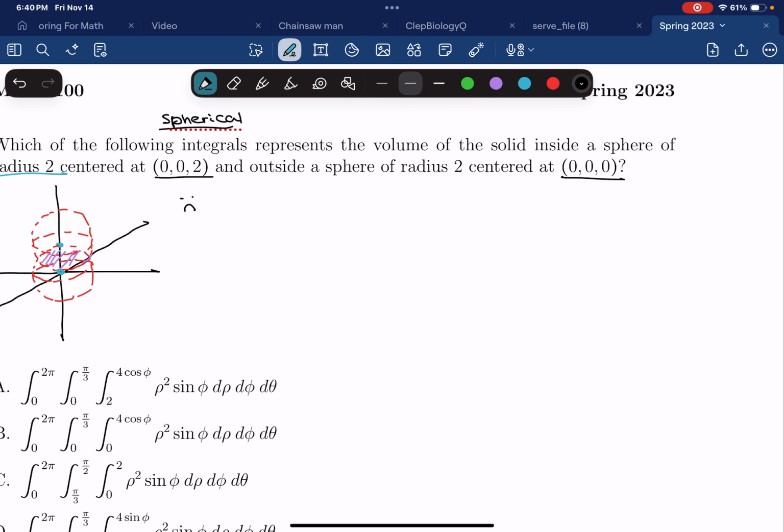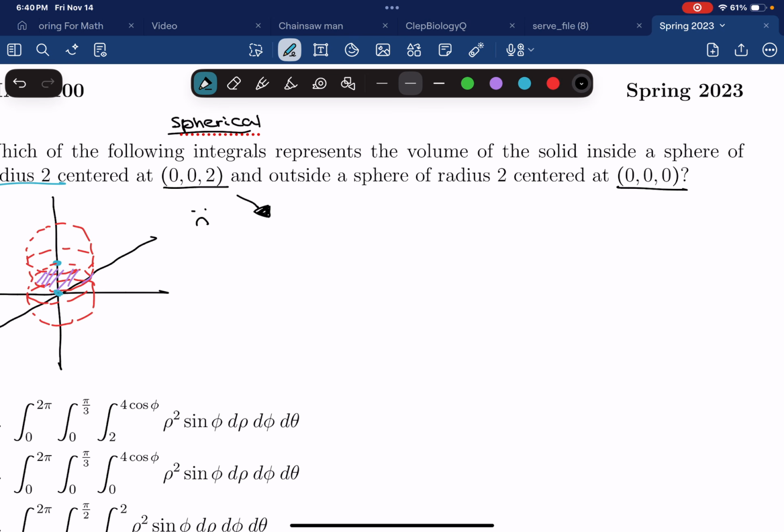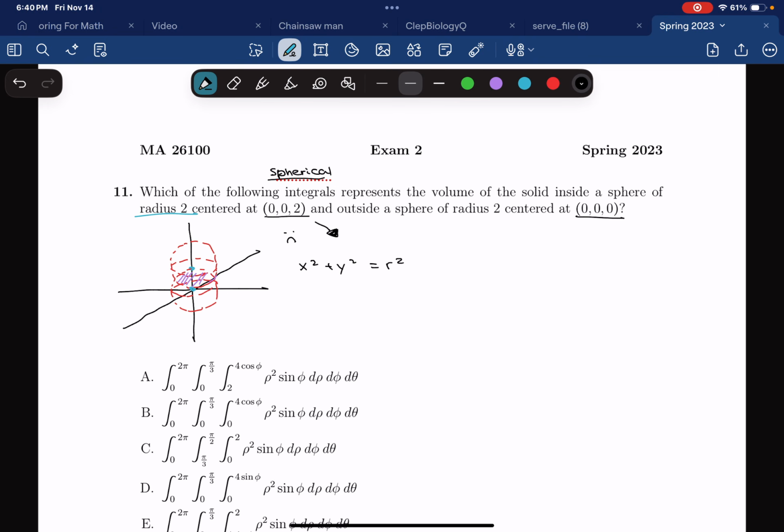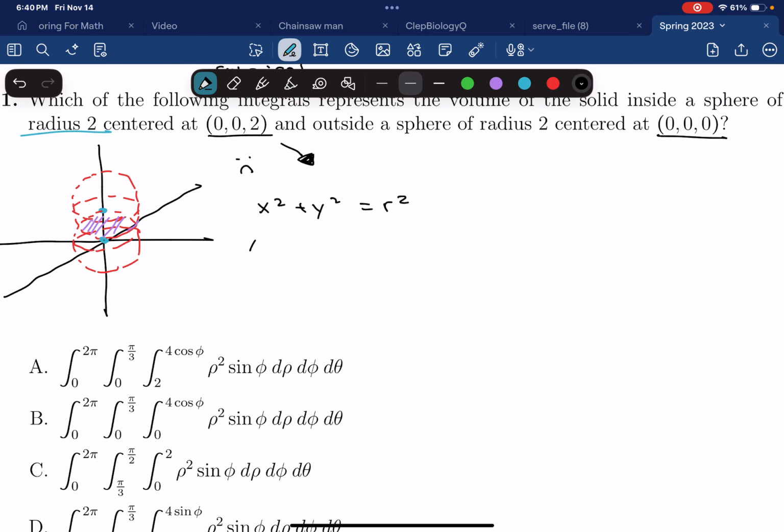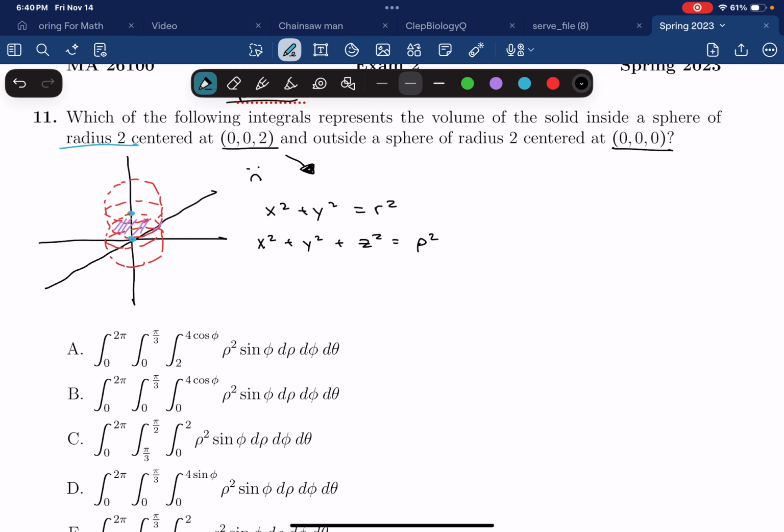Okay, but how do we interpret these points right here, right? So you remember the distance line we just used? It's very similar to that. But do you remember how when we do a circle, it's x squared plus y squared equals r squared? Well, in this case, it's just the same, but we add a z. So it's x squared plus y squared plus z squared, which will be equal to rho squared. Rho, you can think of as just like a radius, right?